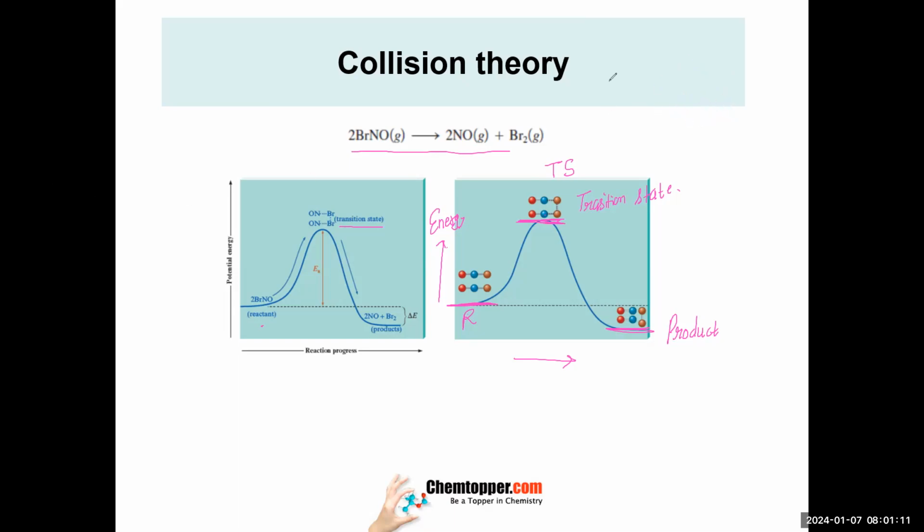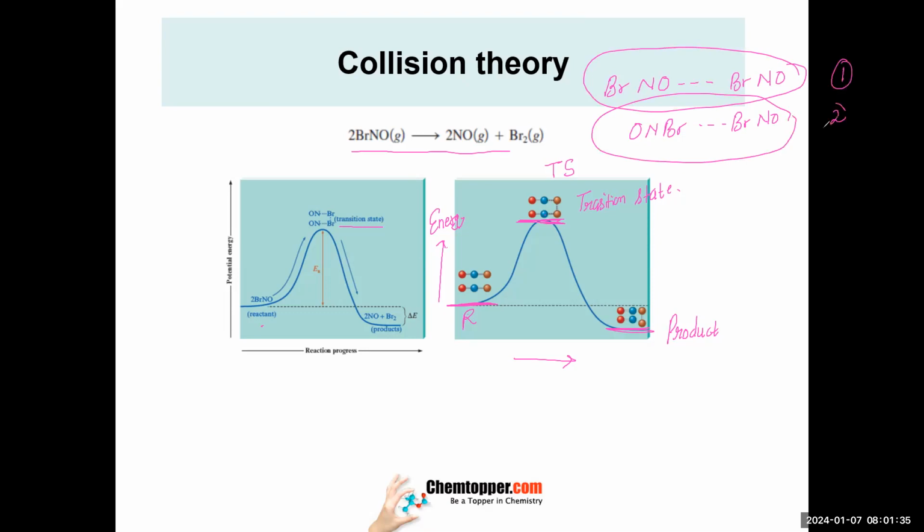This is BrNO colliding with BrNO like this, or BrNO colliding with BrNO like this. Out of these two collisions, which collision is effective? Which one is with proper orientation to give you Br2? Collision 1 or collision 2?